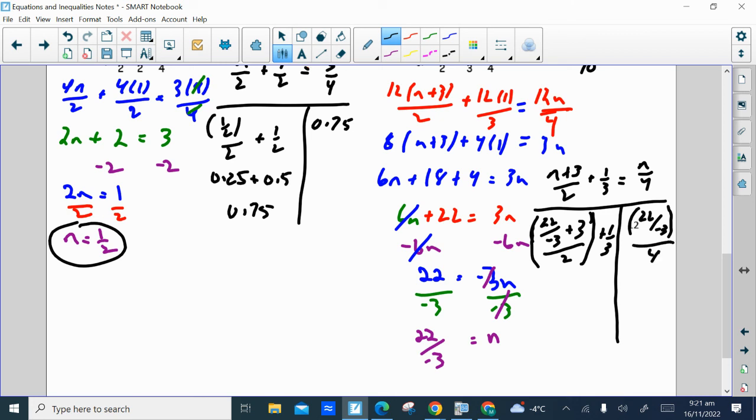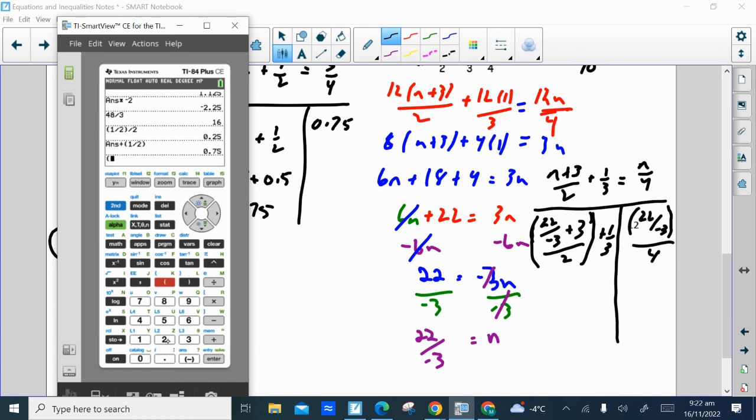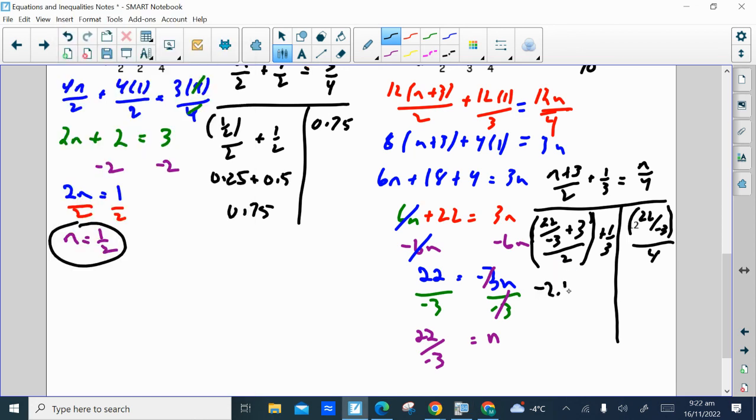So on the left side, you've got 22 over negative 3 plus 3. So again, I'll use brackets. I'll put the 22 divided by the negative 3 in the brackets, and then I'll add 3. That gives me a repeating decimal, and that's okay, because I'm going to divide it by 2. So that gives me negative 2.16 repeating, which I'm going to write down like that.